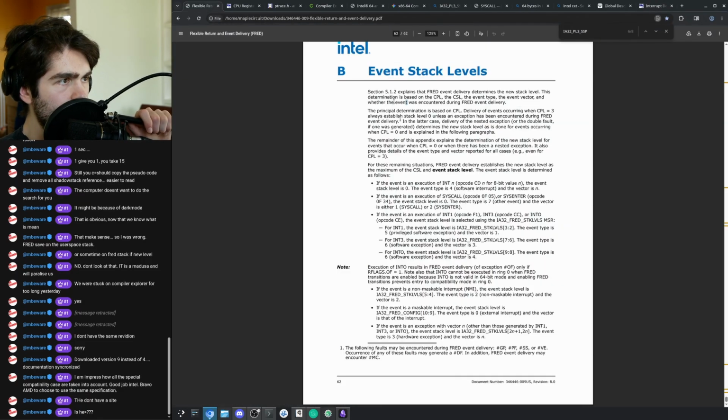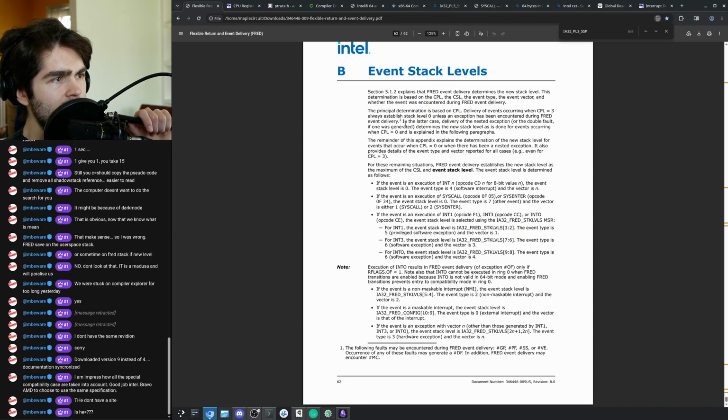Okay, let's just read this real quick. Section 5.1.2 explained that thread event delivery determines the new stack level. This determination is based on CPL, the CSL, the event type, the event vector, and whether the event was encountered during thread event delivery. The principal determination is based on CPL. Delivery of events occurring when CPL equals 3 always establishes stack level 0 unless an exception has been encountered during event delivery.